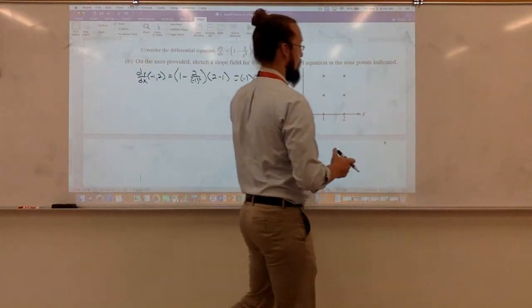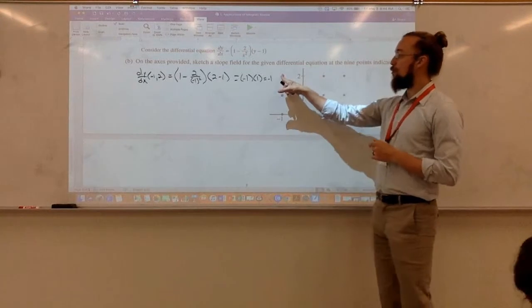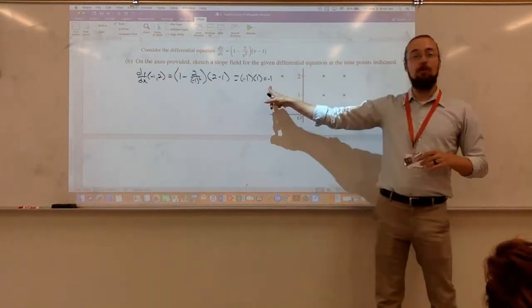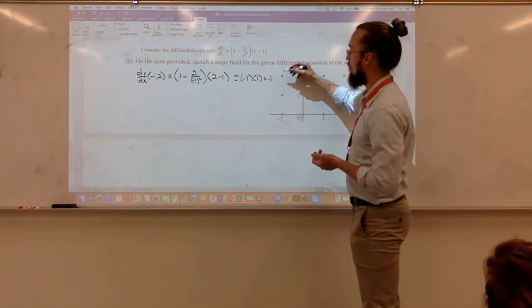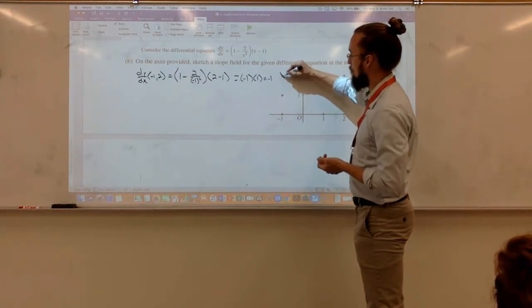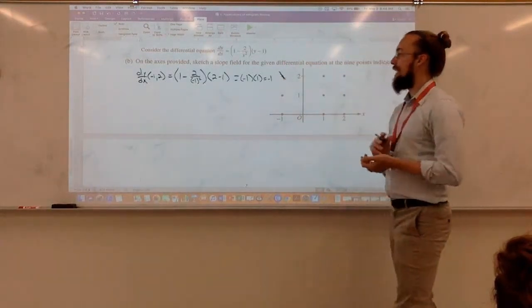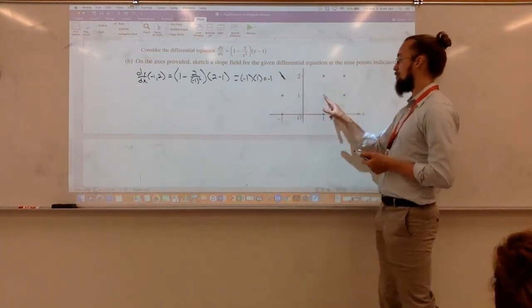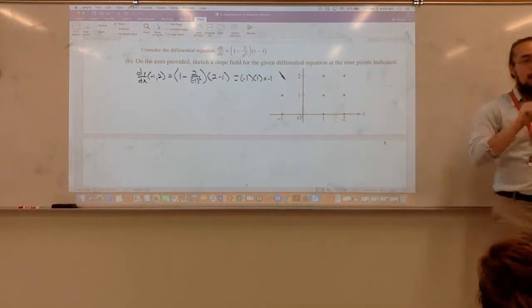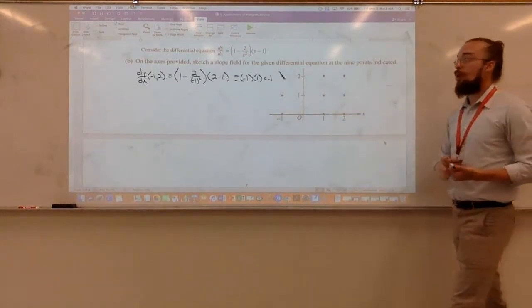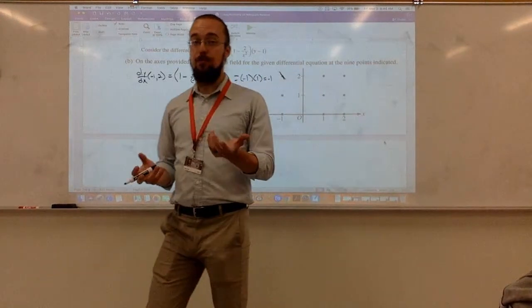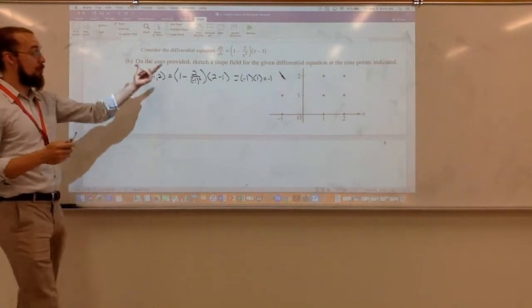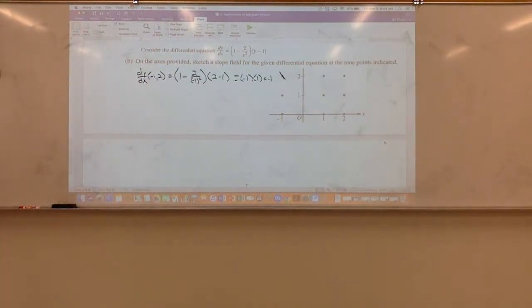So what this means is at the point -1, 2, we have a slope of -1. So I would sketch in a little line here that has a slope of approximately -1. We want to go through that same process for all of the points listed here. Hopefully, we can recognize a few patterns so that we're not doing all of this work 9 times.